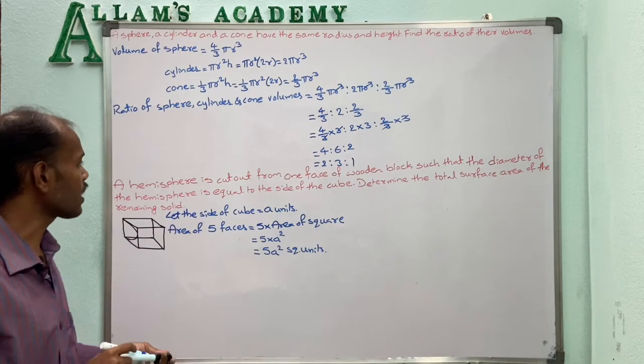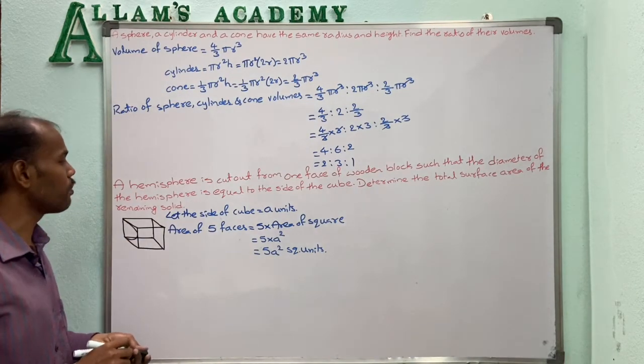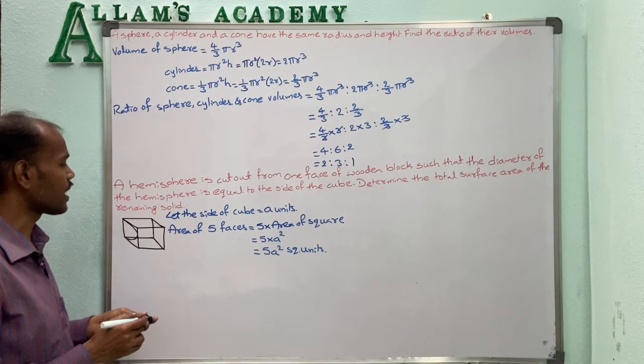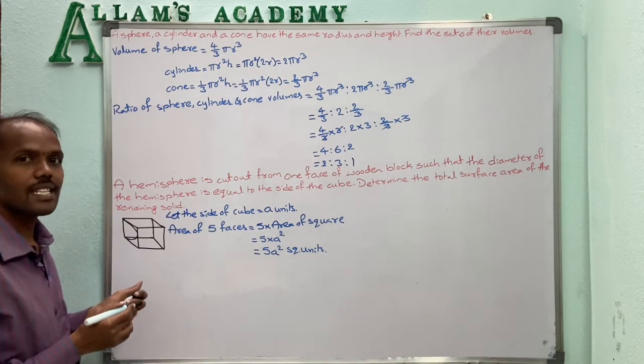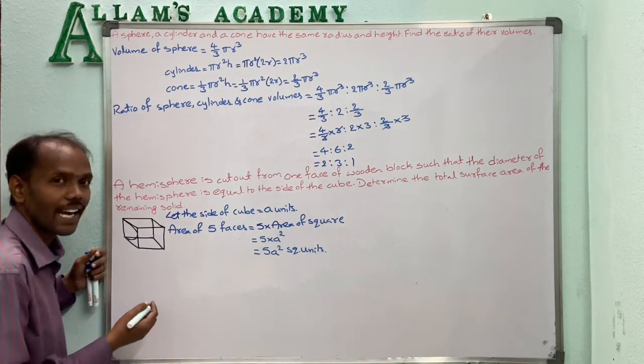Now the one face has the hemisphere. So for the hemisphere's surface area, we need the curved surface area. For that purpose we need the radius.